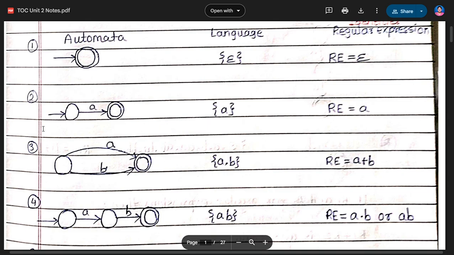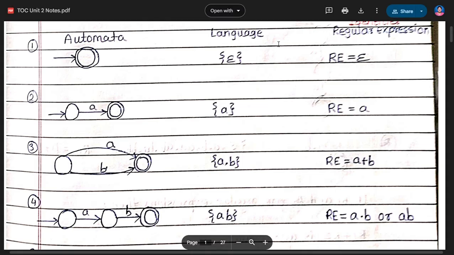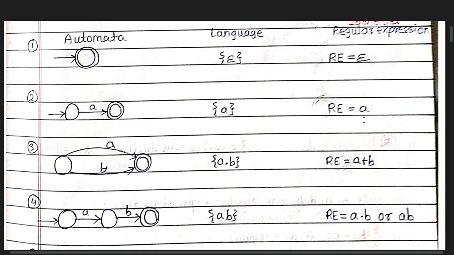Then next, this state passes the input A to the final state. We write the language as A, and in the regular expression also we write RE equal to A.